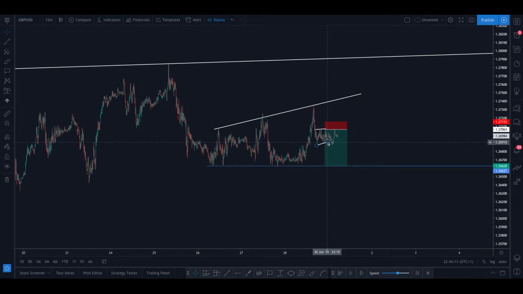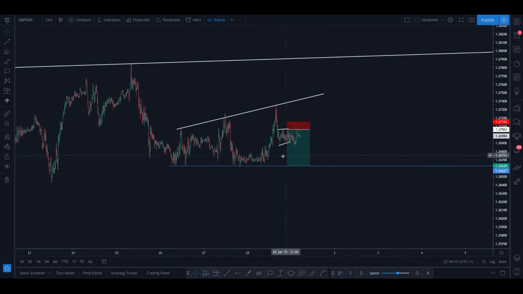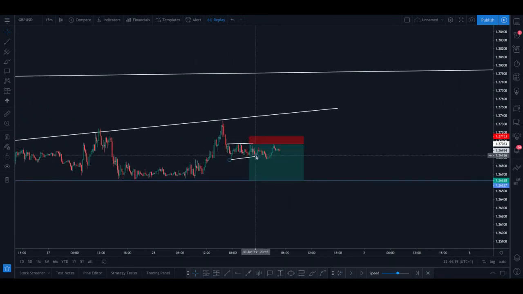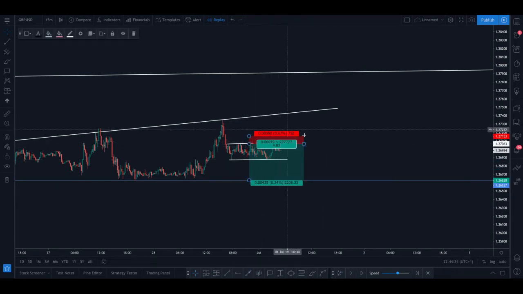And I look to just evolve this slightly. In fact, this looks like it's serving as support.